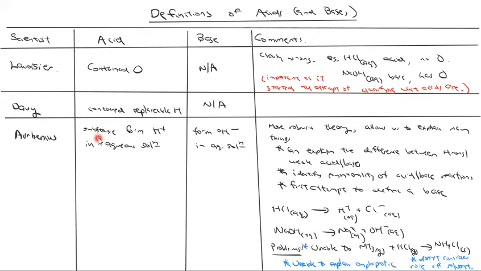If a substance forms H+ ions in solvent A, but not in solvent B, then under Arrhenius's definition you now have a problem. Is that thing an acid or isn't it? It's the same thing, but in different solvents. So we're not really taking the role of the solvent into account.